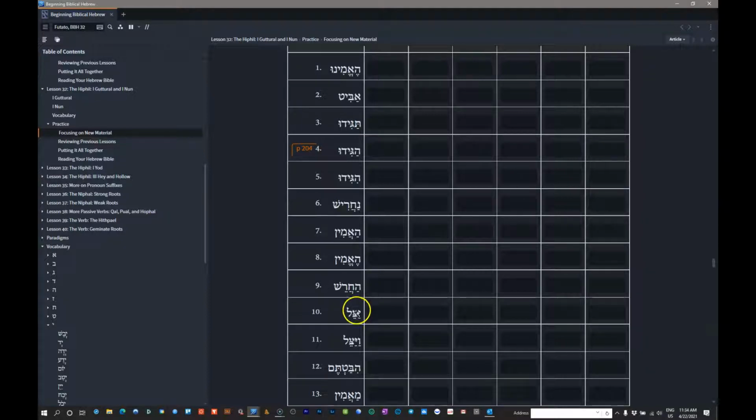But if we have an R1 noon, that would assimilate into R2. So what we've got here is a Yod Patak prefix on a one noon verb, noon sade lamed. So this is Natsal. Natsal in the Hiphil. So we've got a Hiphil imperfect.